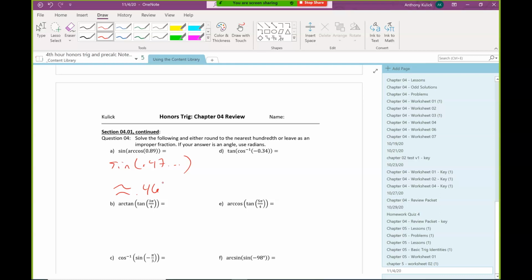Jacob? On worksheet 3, can you do number 3? Worksheet 3.